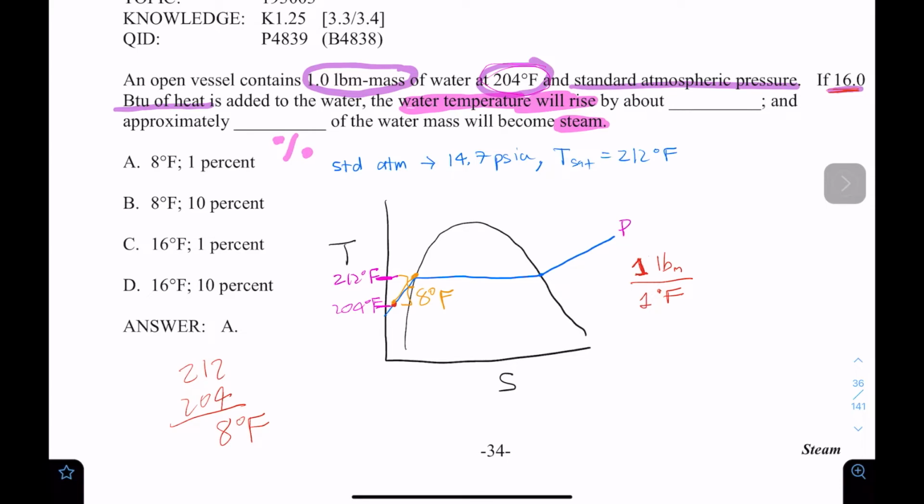But I still have another 8 because in total I'm using 16 BTU. Now if I add another 8 BTU of heat, I just need to know by how many degrees I am increasing the temperature, right?